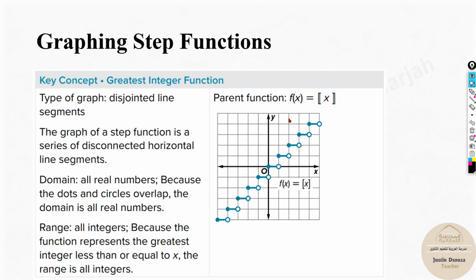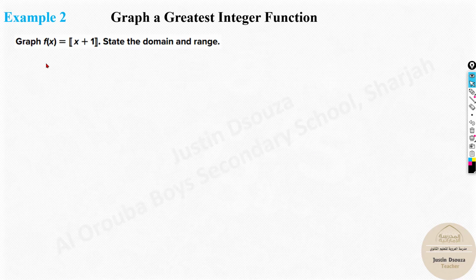So we will see the problem now. You have to graph the step function of x plus 1, and state its domain and range. It's not directly y equals x. The inside equation is x plus 1, right? So let me take some values for x.